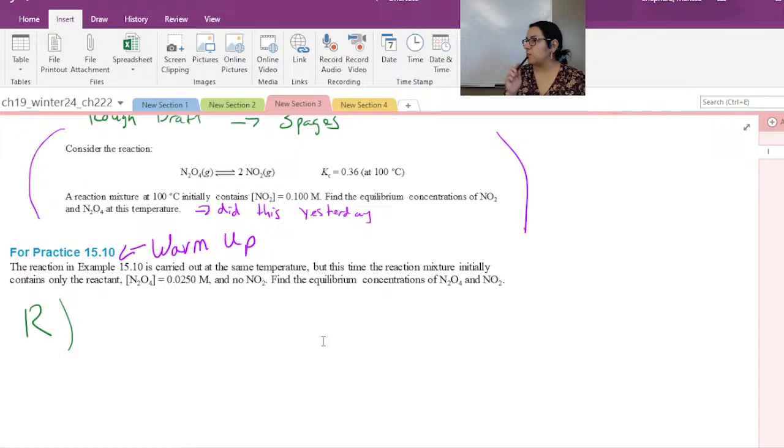Anybody want to walk us through? All right. Do you want to do it on the far board over there? There's more space. And feel free to tag out if you want and voluntell a classmate.